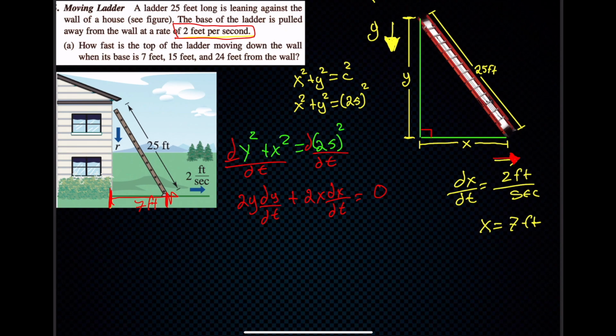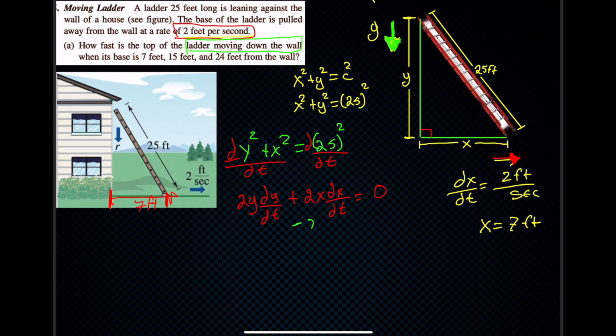Now we can solve for dy/dt because that's what the problem is asking us. How fast is the ladder moving down? Moving down is a change in our y value. Now we need to move terms around.